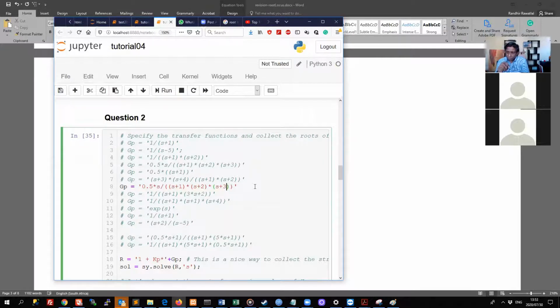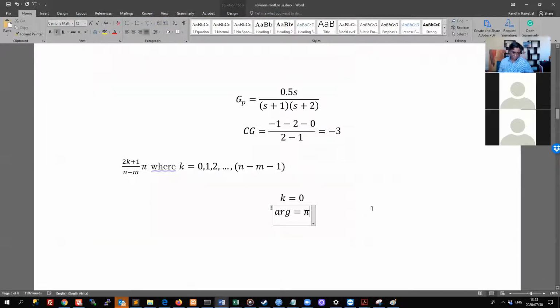So one of those loci is going to start, so likely the -1 is going to point back towards that 0. And then we have 2 other loci starting at -2 and -3. And we have the center of gravity. And we should actually recalculate that center of gravity.